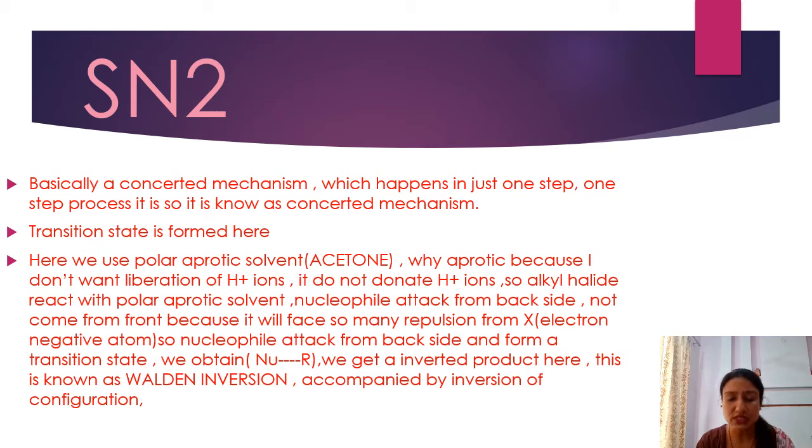If it is a two-step process, then we never call it a concerted mechanism. Here a transition state is formed in which formation of one bond and breaking of another take place simultaneously. In SN2 substitution reactions, we use polar aprotic solvents, and an example of a polar aprotic solvent is acetone.